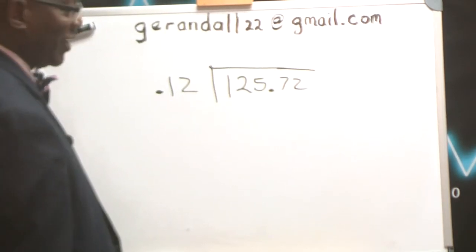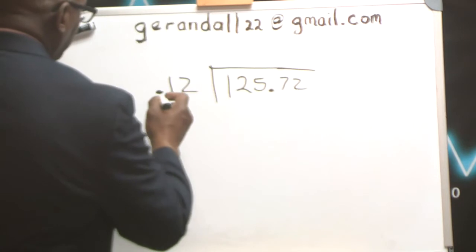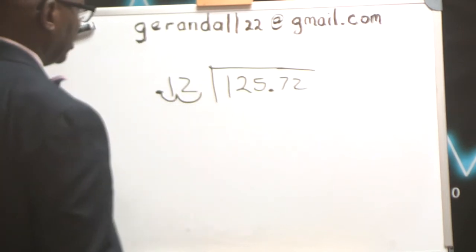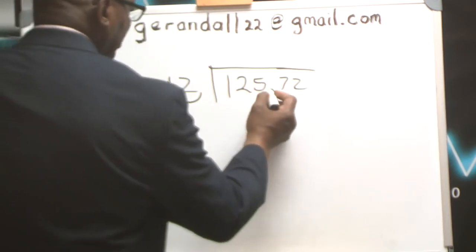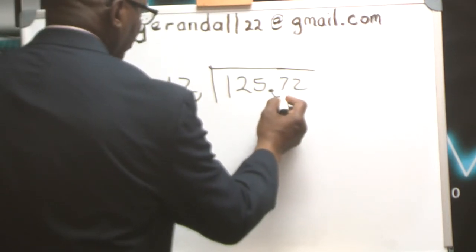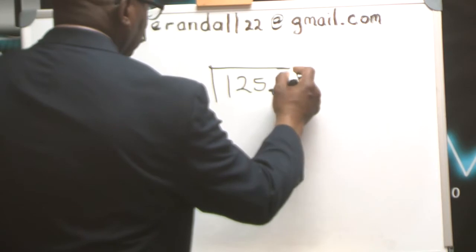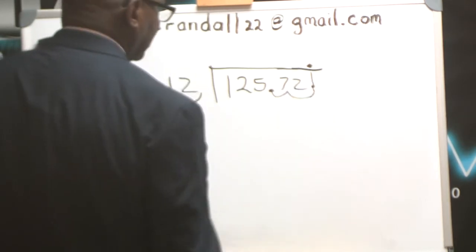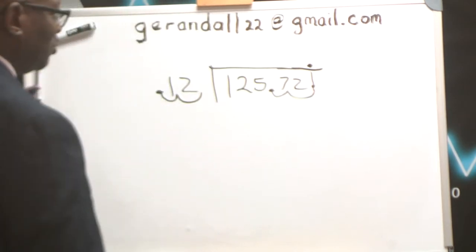Now the rule says we move this decimal 1, 2 to make it a whole number. We go where the decimal is in our dividend and move it 1, 2. That's the first rule. And then we put it right there. Now we got two whole numbers.